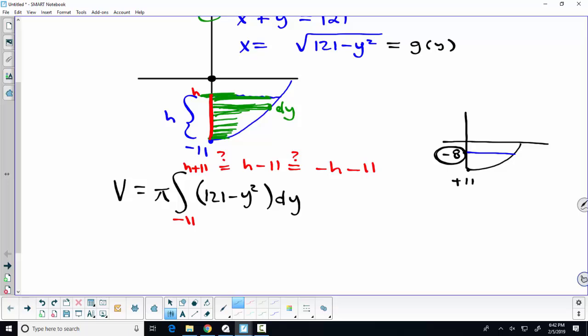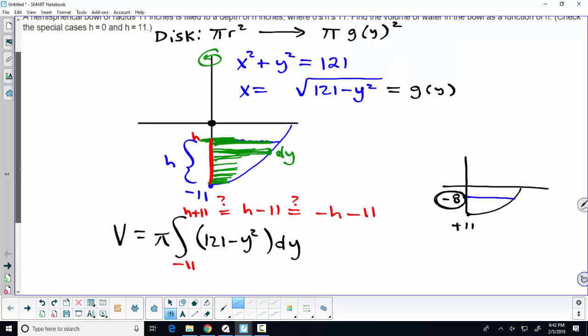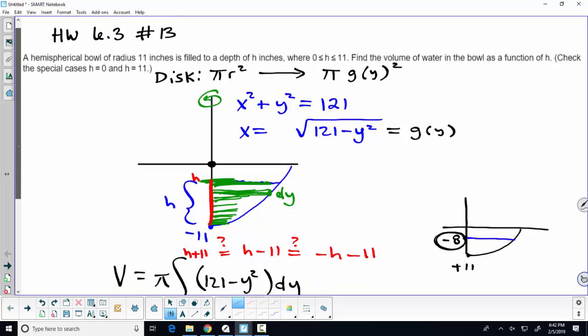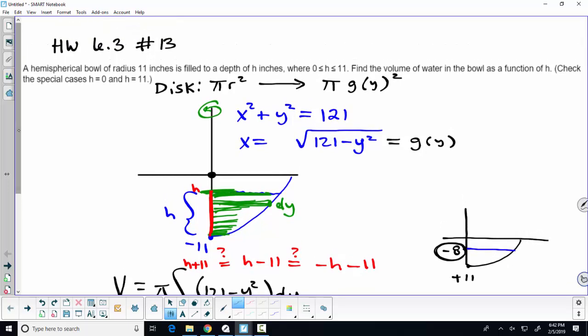What about h plus 11? Here's h plus 11. That work? So then we've got to go back up here and think, well, some of those seem to make sense, but what we're given is that h is a positive number.